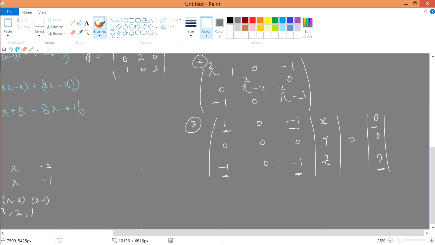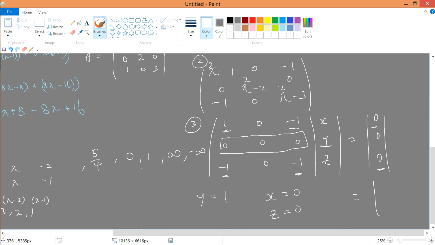To continue, we will know that for the eigenvector, x is equal to 0 and z is equal to 0 already. As for y, because there is nothing to describe y, in this case we can just write y is equal to 1, some number. y can be anything. It can be 0, can be 1, can be infinity, can be minus infinity, can be a fraction, can be a decimal, can be almost anything.